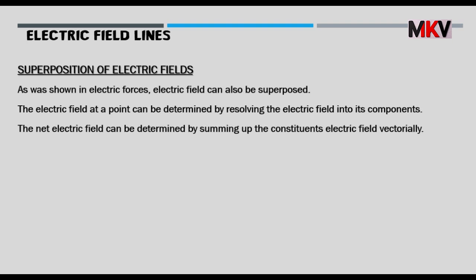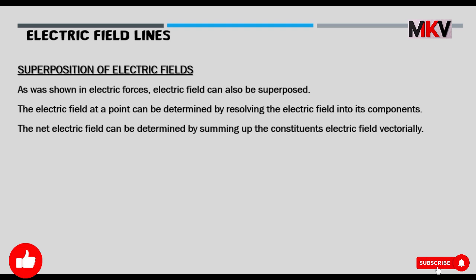Now the next thing we will talk about is superposition of electric fields. As was shown in electric forces, electric field can also be superposed. That is, the electric field at a point can be determined by resolving the electric field into its components, and the net electric field can be determined by summing up the constituent electric fields vectorially.